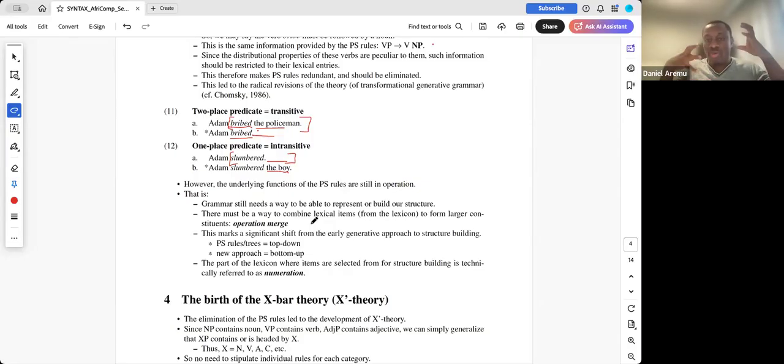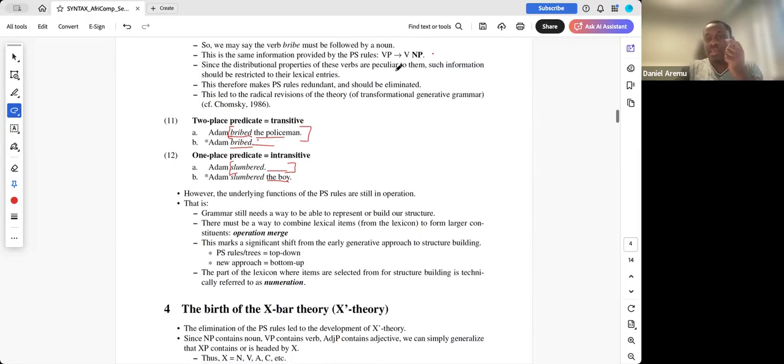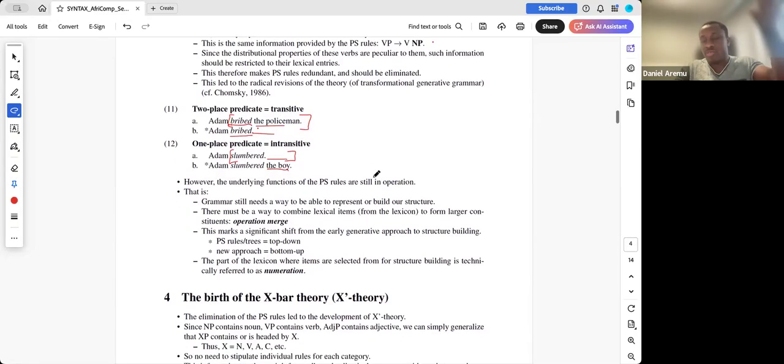So we should have a mechanism that can build such structure. What we saw was that the PS rule is a top-down kind of structure: you have your S, and it says a VP would open to a V and then an NP, and like that.